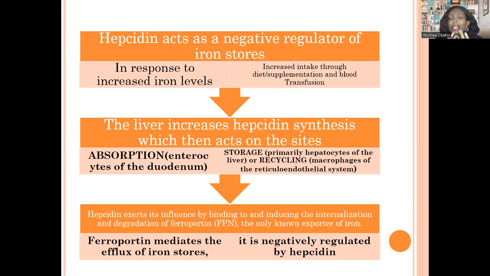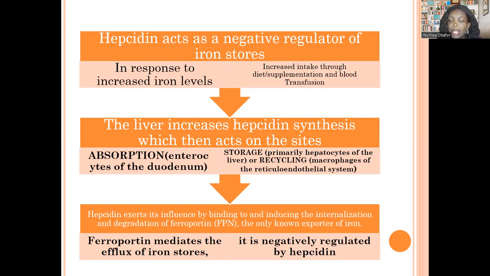So hepcidin regulates iron by doing what? Exerting influence by binding to and inducing the internalization and degradation of ferroportin, the only known channel for iron export. Ferroportin mediates the release of iron from stores like ferritin in the hepatocyte, ferritin and hemosiderin in the macrophages, and from iron that is absorbed from the diet.